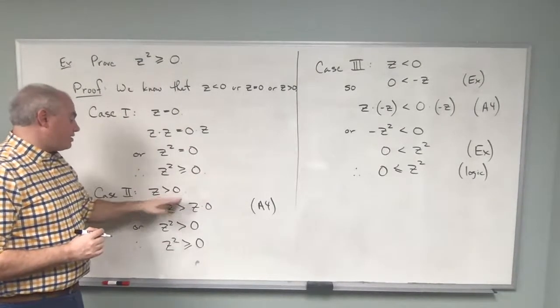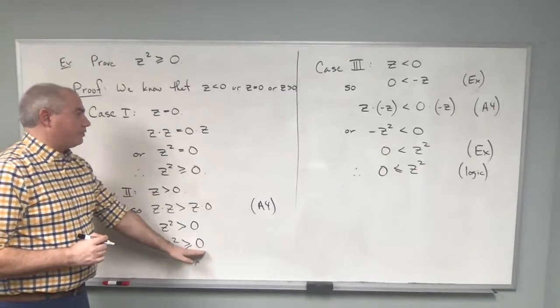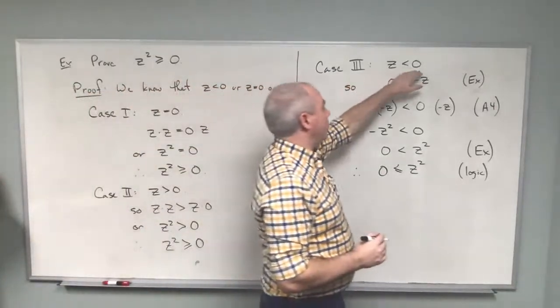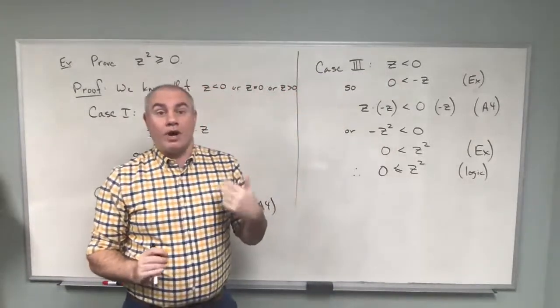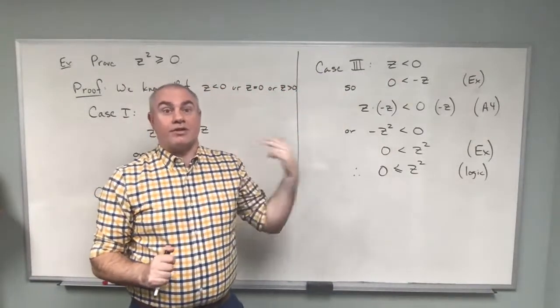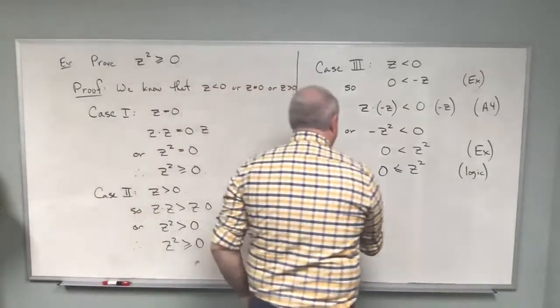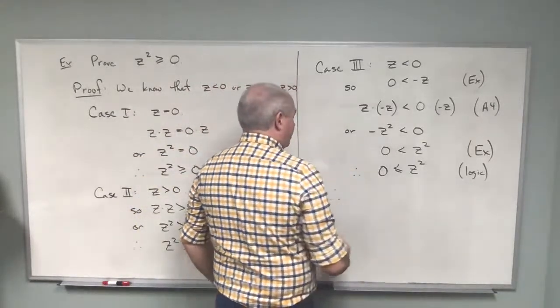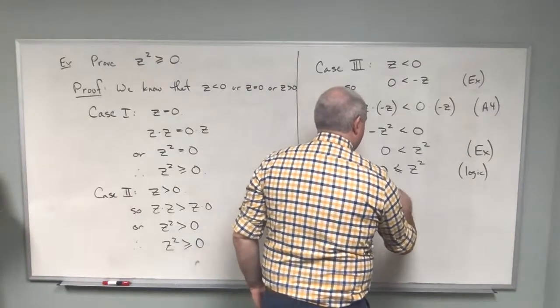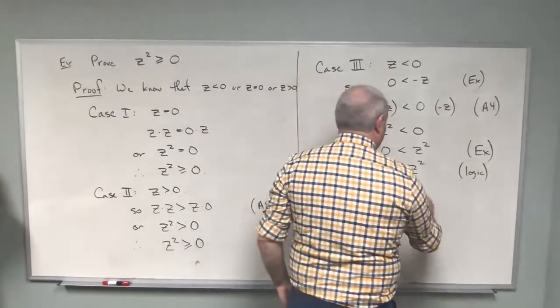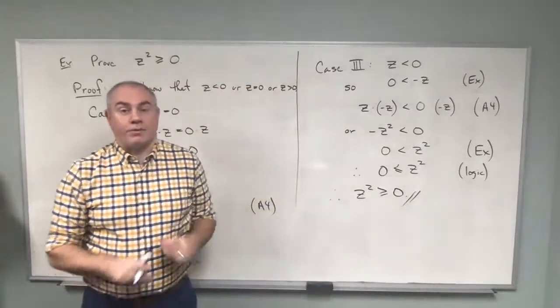If z is positive, z squared is greater than or equal to 0. If z is negative, z squared is greater than or equal to 0. So no matter what I do, z squared is greater than or equal to 0 in all cases, and we're done with the proof.